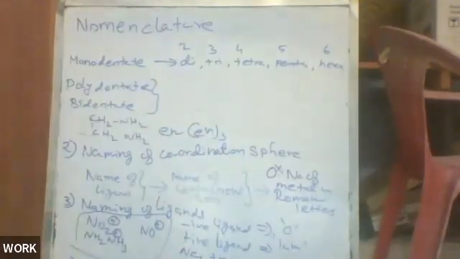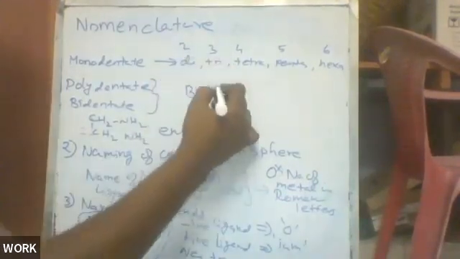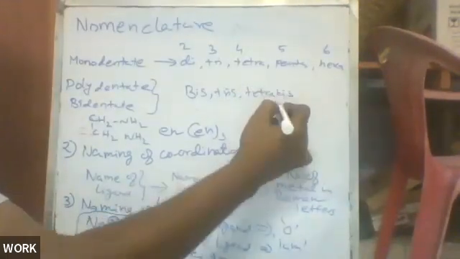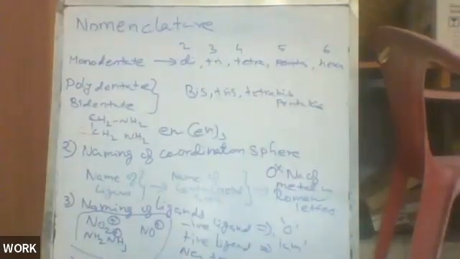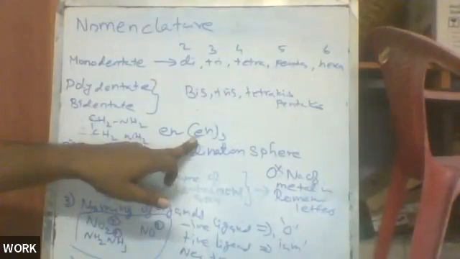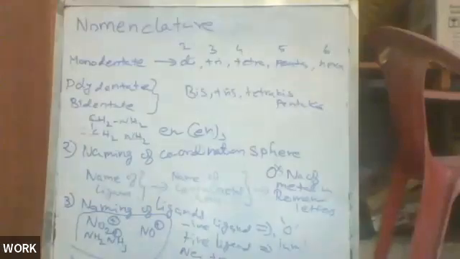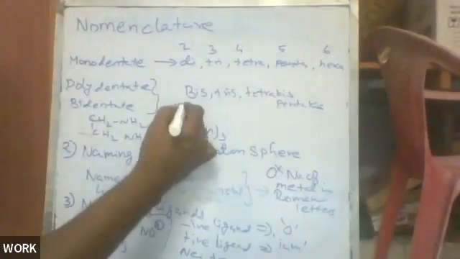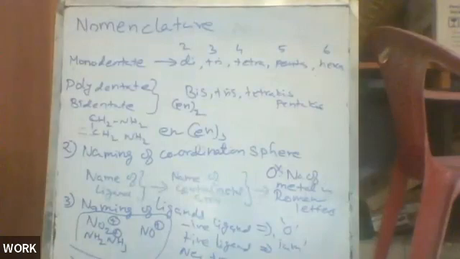You have to say bis for 2, tris for 3, tetrakis for 4, pentakis for 5. So you say tris(ethylenediamine). This also indicates it's a bidentate or polydentate ligand, another way to find out. So bis means 2; en twice is bis(ethylenediamine).